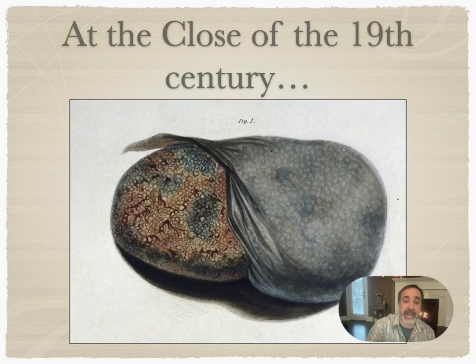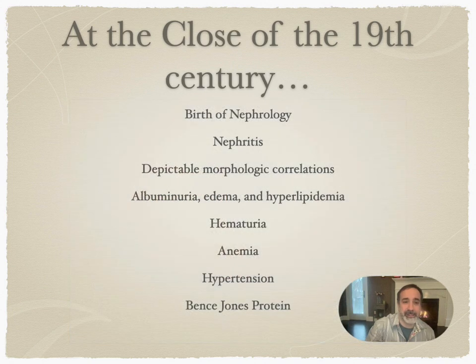As for our understanding of kidney disease, there was much to be proud of by the close of the 19th century. We had witnessed the birth of nephrology, coined the term nephritis, and demonstrated detectable morphologic correlations between the kidney and diseases.